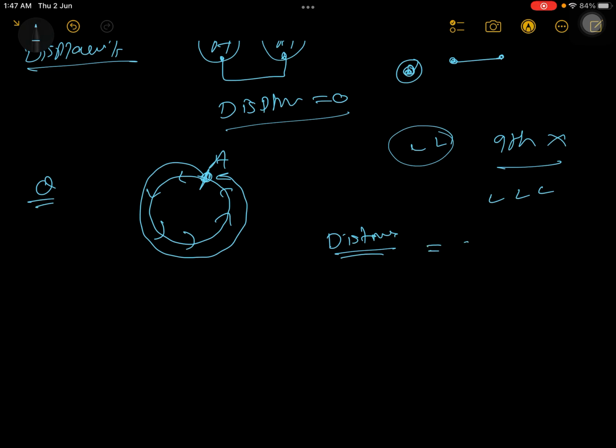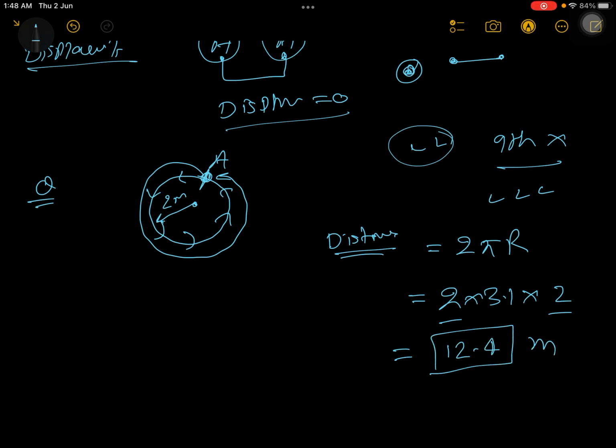So distance is going to be 2 pi r. If I am giving you radius as 2 meter, then it is very simple. You will just put 2 into pi value 3.1 into r value again 2. So 2 and 2 is 4, and 4 times 3.1, if you multiply, is 12.4. This will be your answer, in meter.